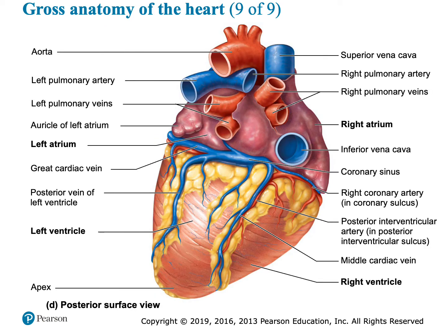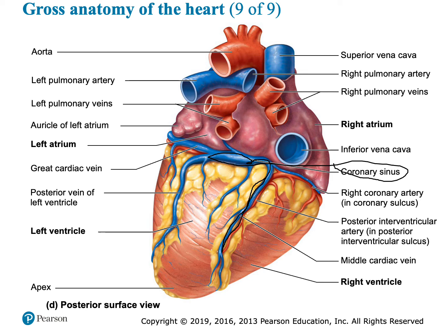This is a posterior view. So here is the posterior interventricular sulcus with the middle cardiac vein. And notice it's coming in here and it's dumping in this balloon kind of thing. All of the veins are. That's the coronary sinus.